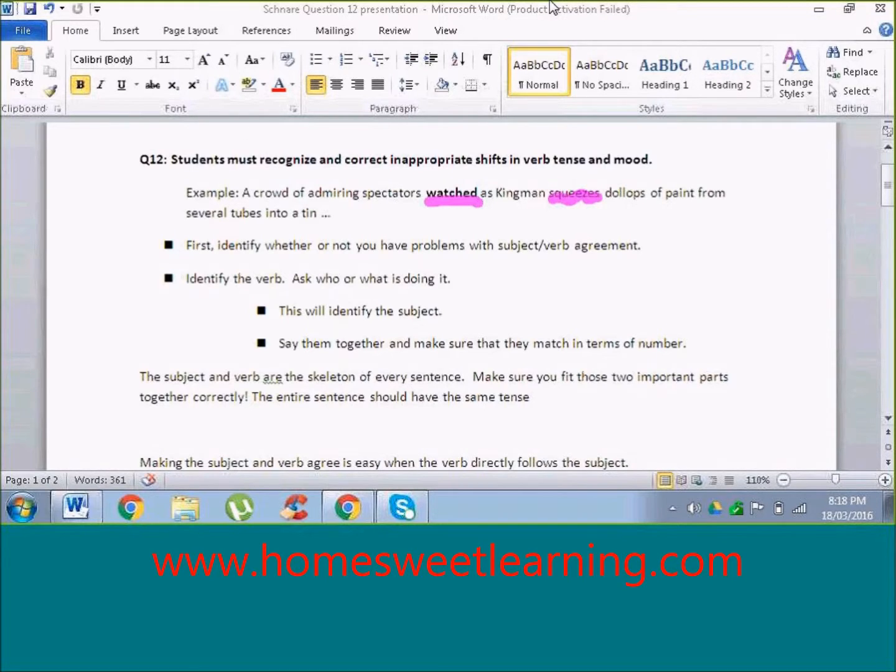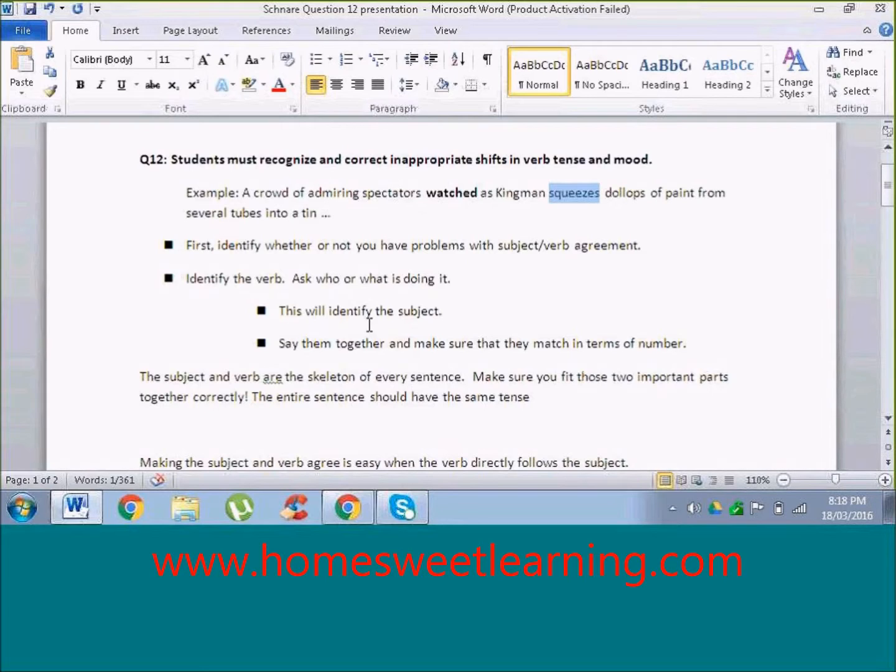He squeezes dollops of paint from several tubes into a tin. So let's say them together and make sure they match. We have the past tense of this verb, watched. And then we have the present tense, squeezes.